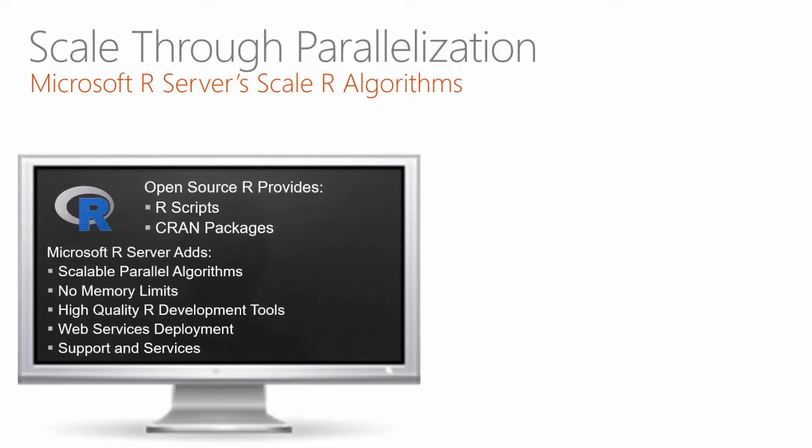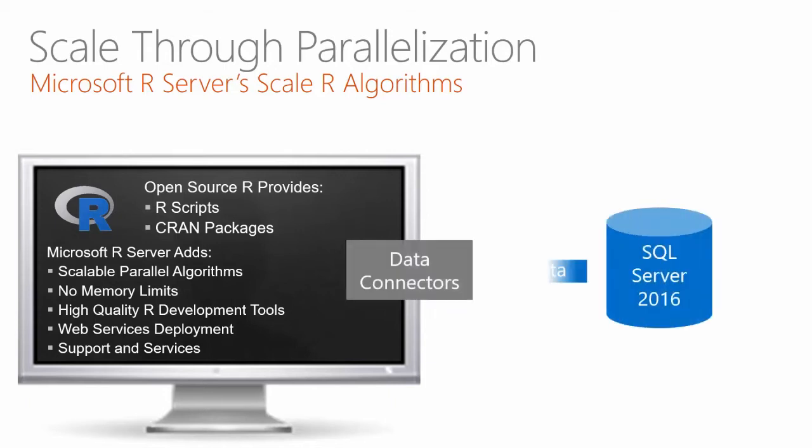While open source R provides R scripts and CRAN packages, Microsoft R Server adds scalable parallel algorithms, no memory limits, high-query R development tools, web services deployment, and support and services, and it's integrated with SQL Server 2016.